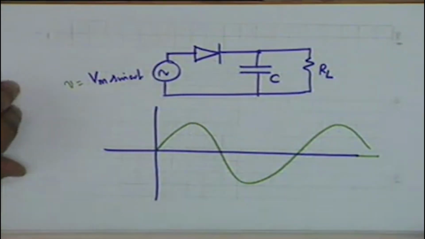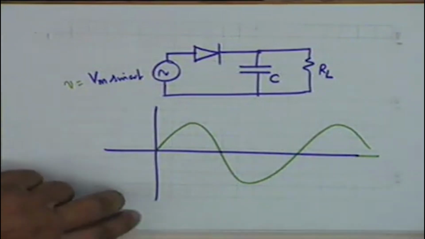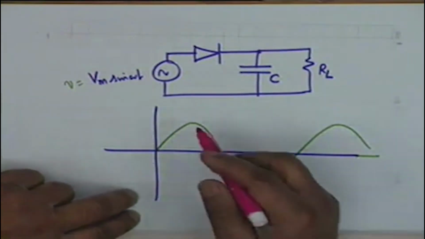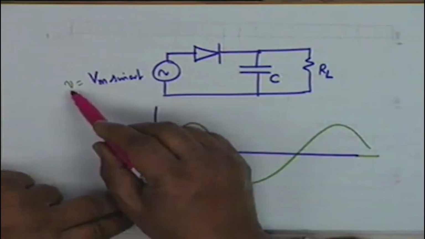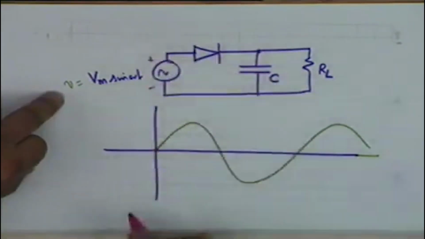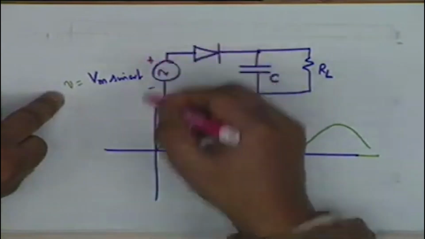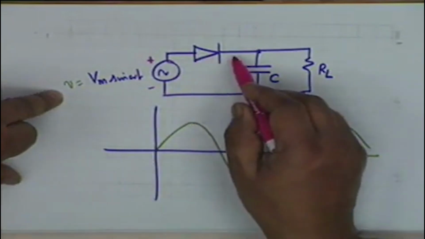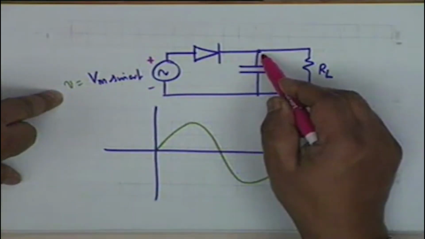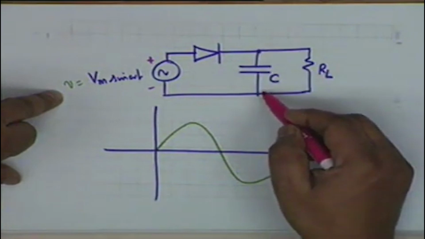Okay, now let us see how does the current flow. To start with, when small v is positive and negative like this, when its polarities are like this, what happens? The diode passes current. This current charges the capacitor.